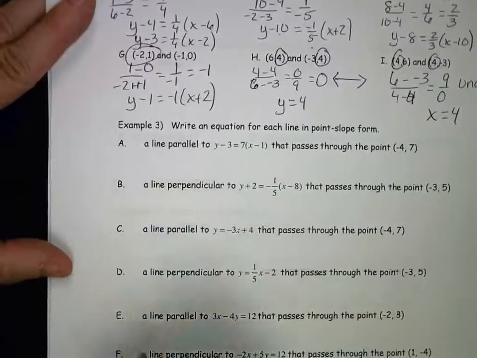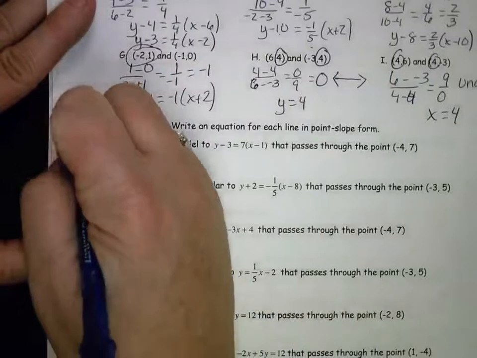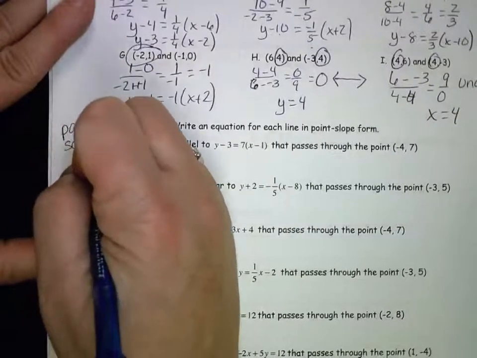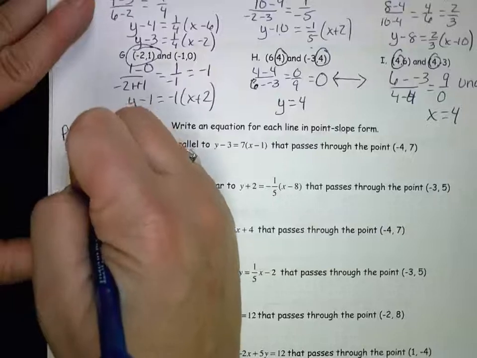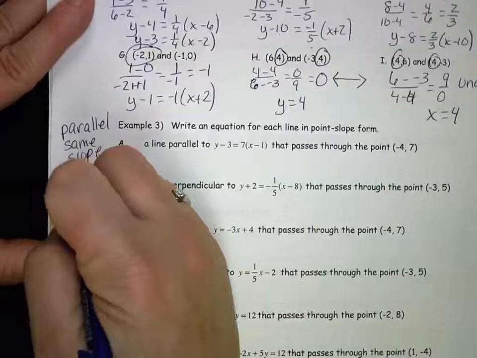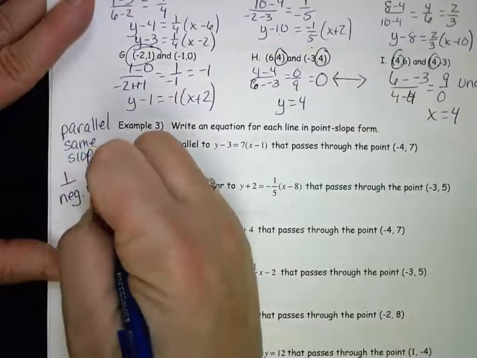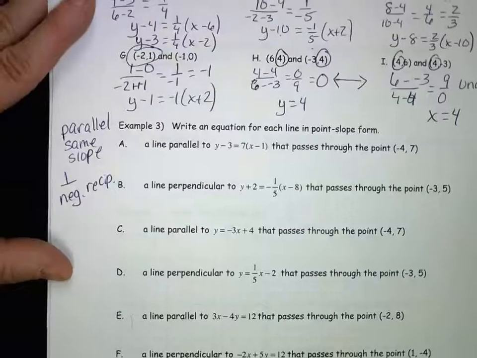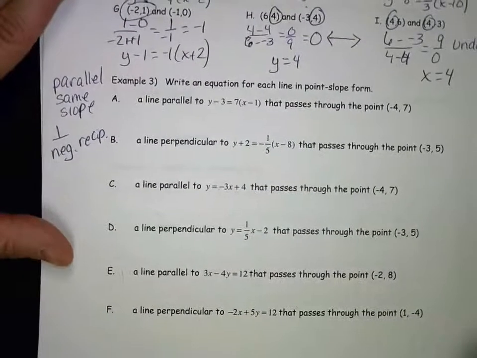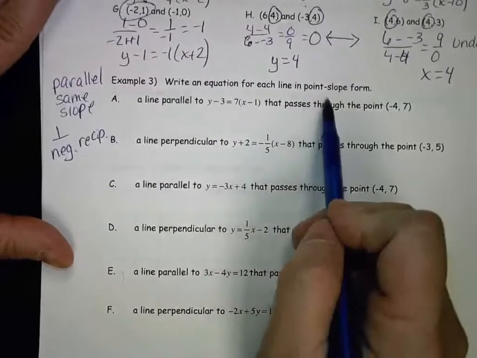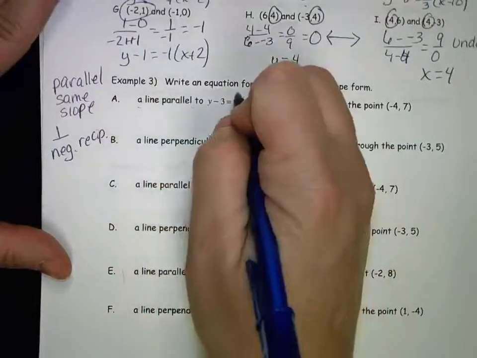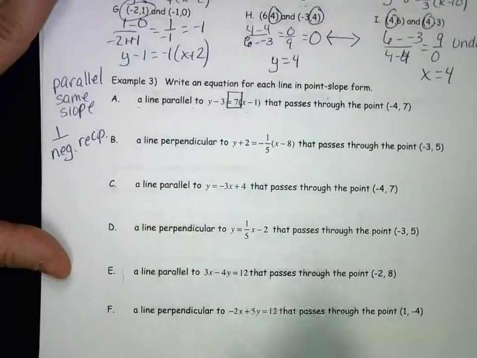And example 3, I'm going to write a little note to myself here. Parallel lines have the same slope, and perpendicular lines have negative or opposite reciprocals. In example 3, we are asked to write an equation in point-slope form. We want a line parallel to this. Well, this is our slope right here.